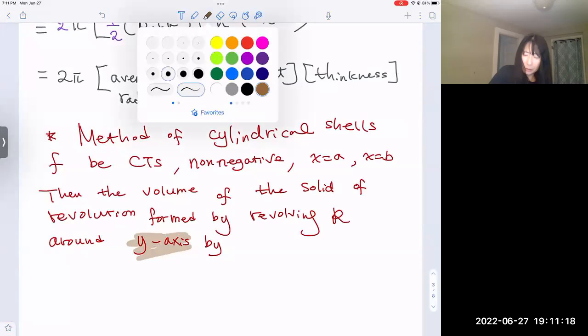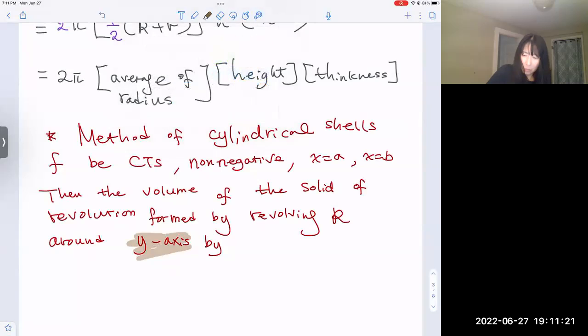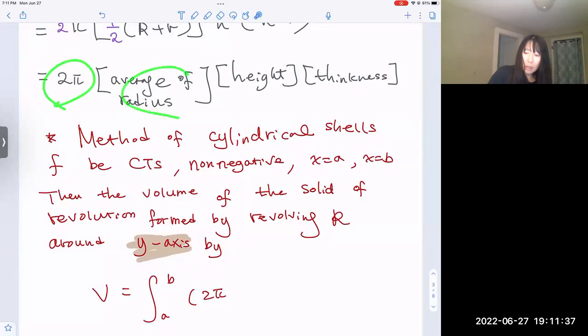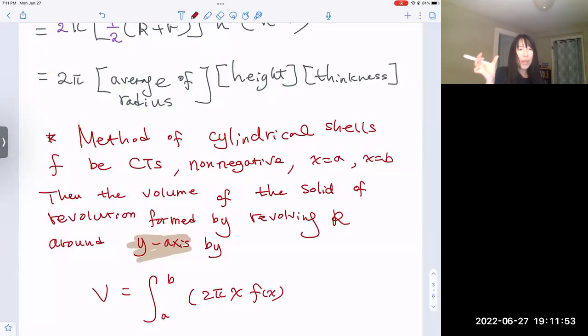So we have the volume from a to b, and we're going to have the 2 pi. So that's how we get the 2 pi here. Now the average radius we're going to use as x. And we're going to use the height as the function, right? We are using the function, which is f of x in this case. Now the thickness we are using as dx.